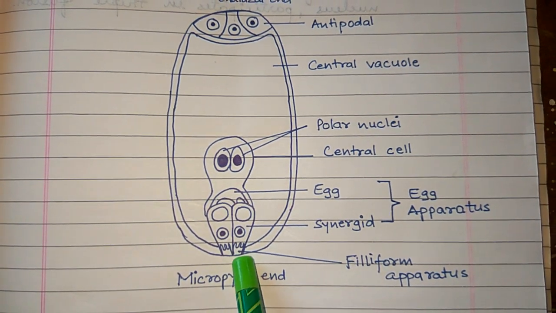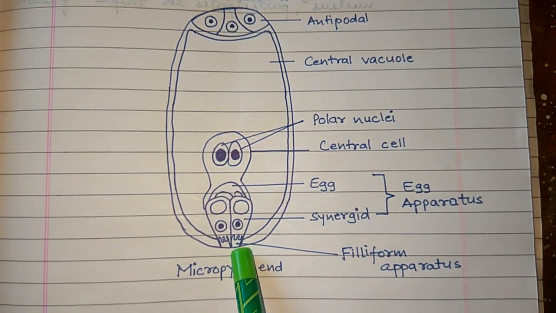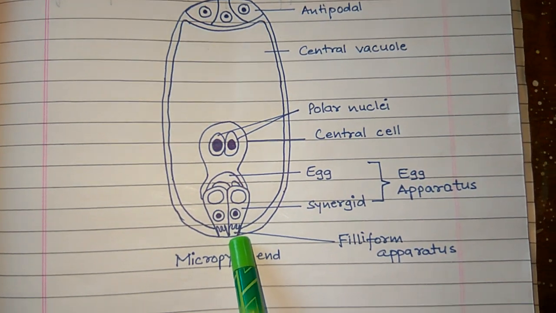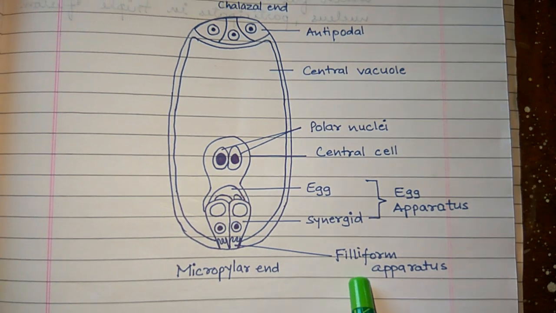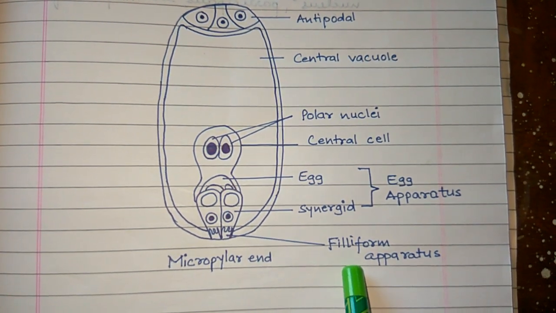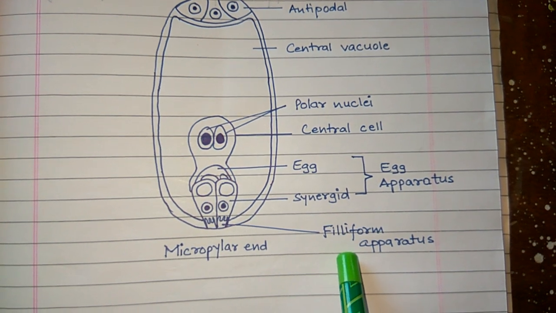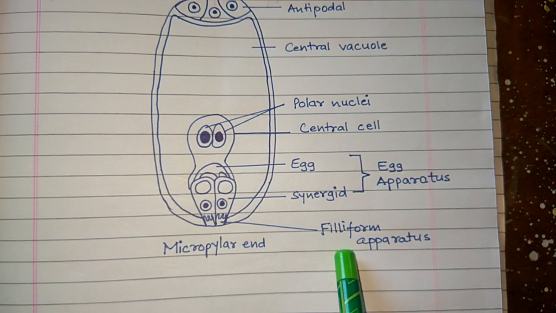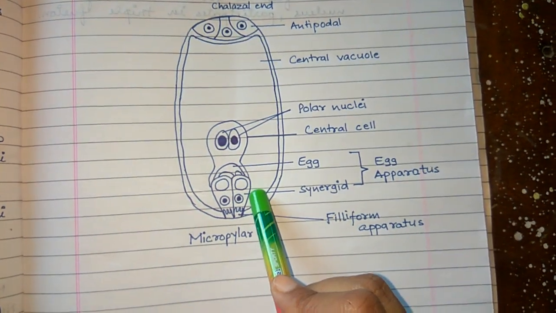It is made up of polysaccharides, which are called cellulosic microfibrils. This filiform apparatus guides the entry of the pollen tube by secreting some chemicals for the growth of the pollen tube towards the embryo sac.